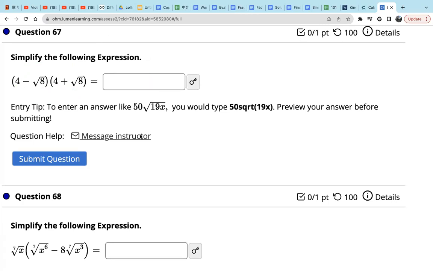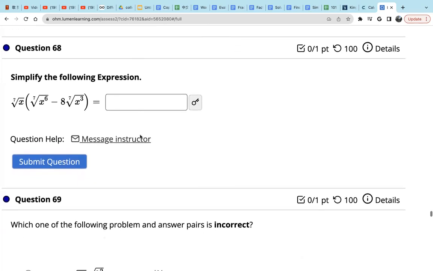Now let's see, 68. Inside we have 2 terms, outside we have 1 term. So we just distribute. Multiply those 2. We multiply these 2. We keep the subtraction sign. So this is all under the index 7. So same index, when we multiply, we can put the radicands together.